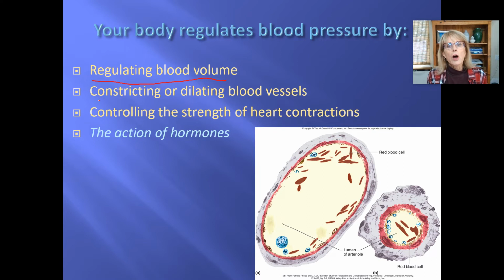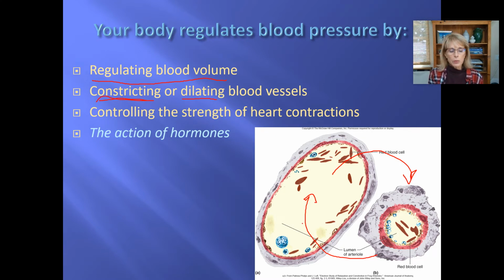Your body can also increase your blood pressure by constricting your blood vessels, particularly the small arteries, or relaxing, dilating your blood vessels. So if a blood vessel goes from here to there, that would be called constricting the blood vessel. If it goes from here to here, that is called dilating a blood vessel.